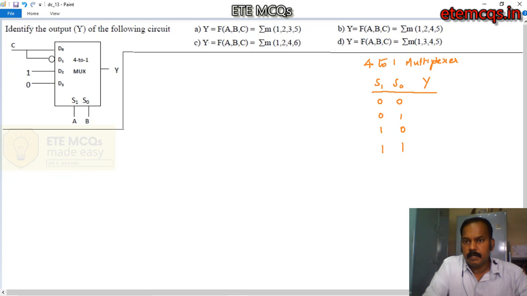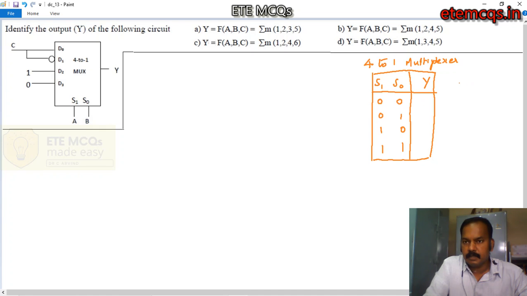Now what is basically a multiplexer? A multiplexer is in general considered to be a many to one circuit, which means that you will have 2 power n possible combinations of input, and one among those 2 power n possible combinations will be taken to the output.